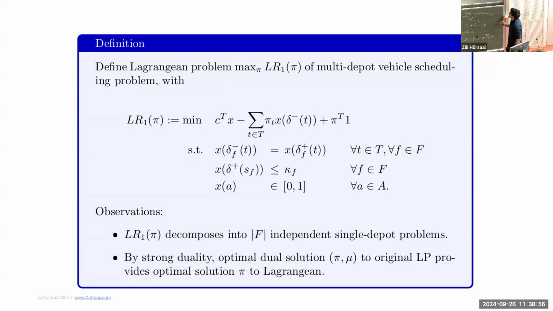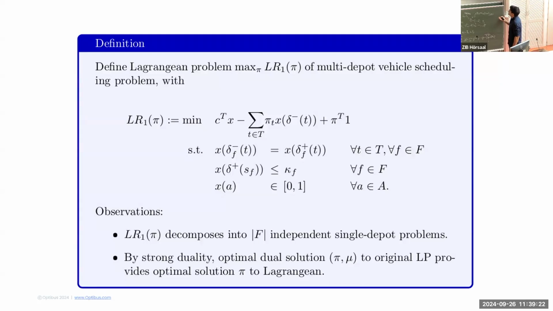Why is it nice? Because here we see, as before, we have again independent min-cost flow problems. Everything here just works on the separate graph. So for each f, we have a separate graph, and all these constraints are just on this f graph. So this decomposes into cardinality f many separate problems.